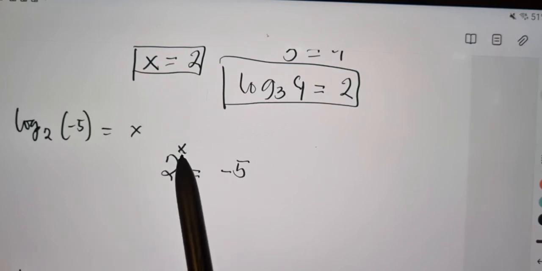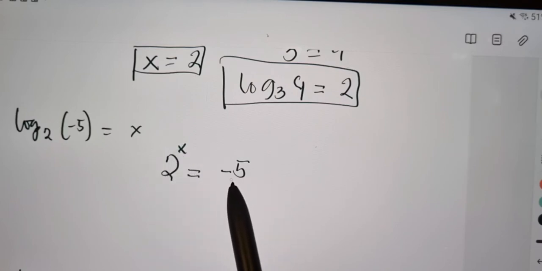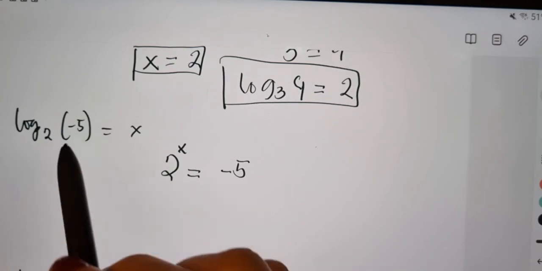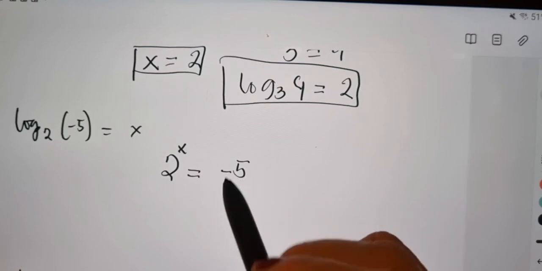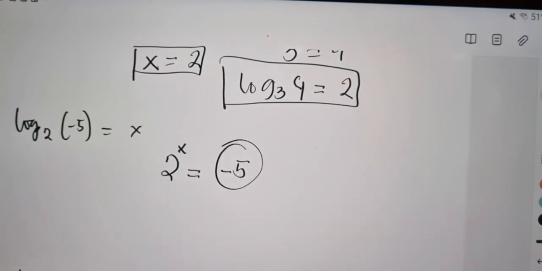Kahit fraction dito, kahit negative ang ilalagay natin na exponent, walang sagot na negative. Ibig sabihin, hindi natin pwede makuha ang logarithm ng negative numbers. Never take the logarithm of negative numbers dahil wala naman siyang sagot. So, no logarithm of negative numbers.